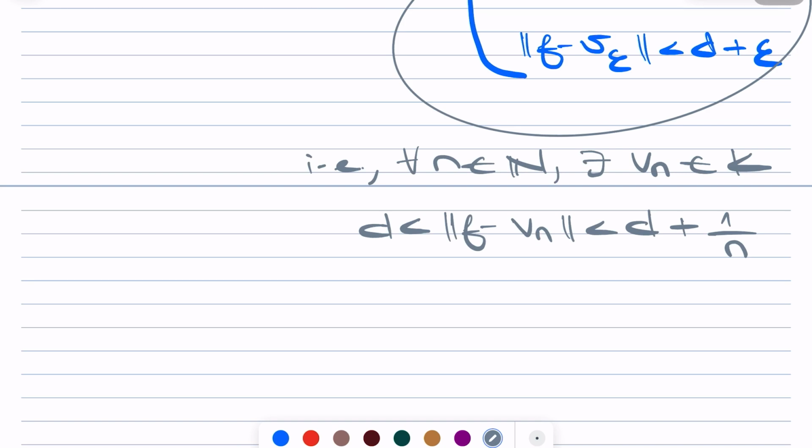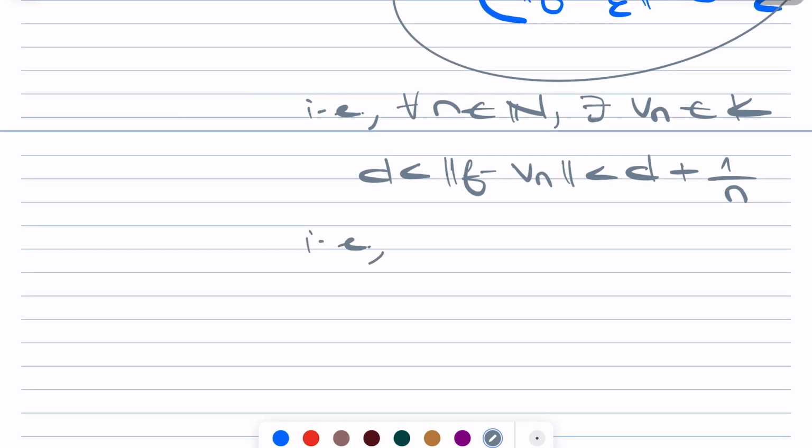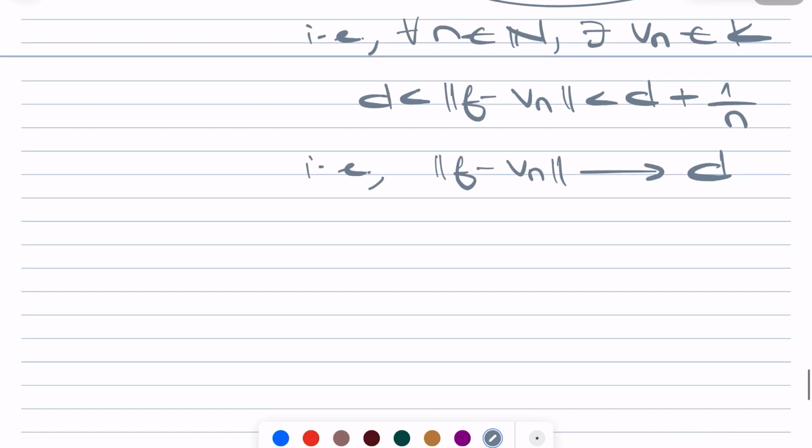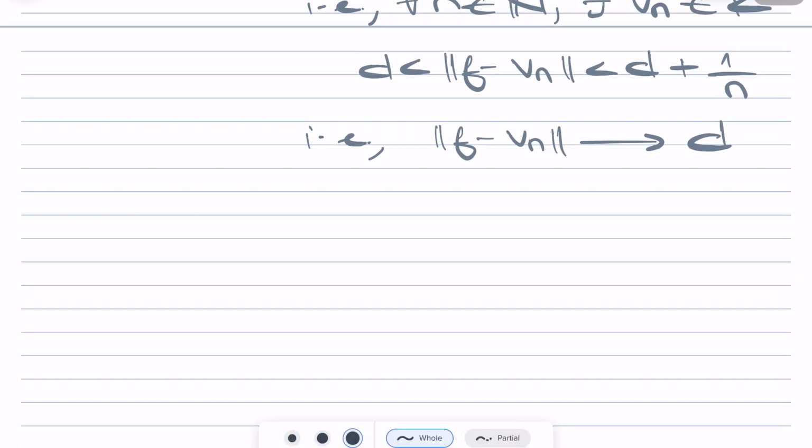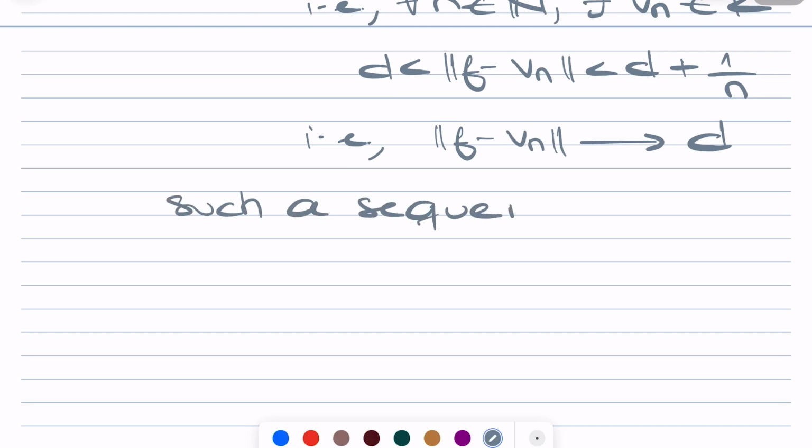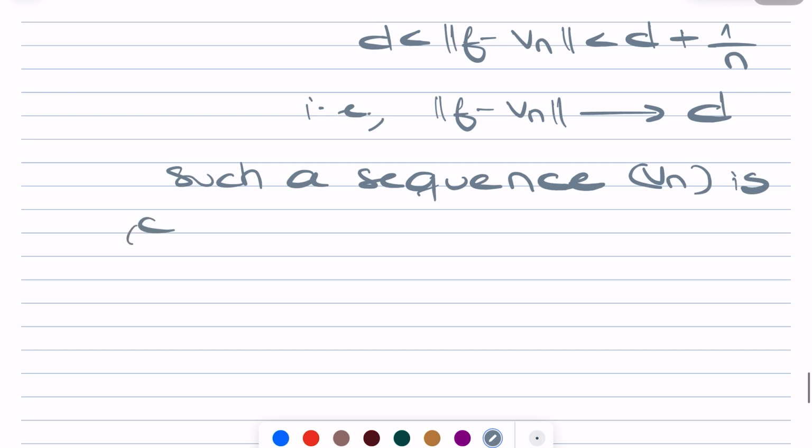From this, we have that the norm of f minus v_n converges to d. Such a sequence v_n is called a minimizing sequence. Those familiar with calculus of variations know this by heart.